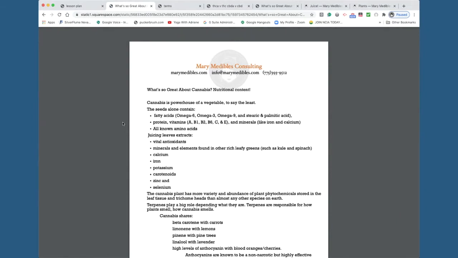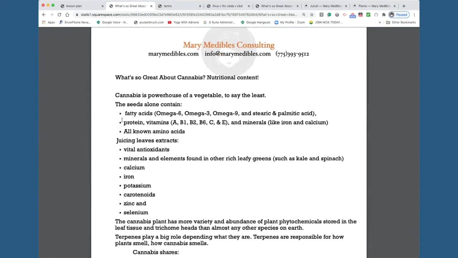And cannabis really is a powerhouse of a vegetable, and that's to say the least. The seeds alone contain fatty acids, omega-6, omega-3, omega-9, stearic and palmitic acid. It contains protein, vitamins A, B1, B2, B6, C and E, and minerals like iron and calcium.